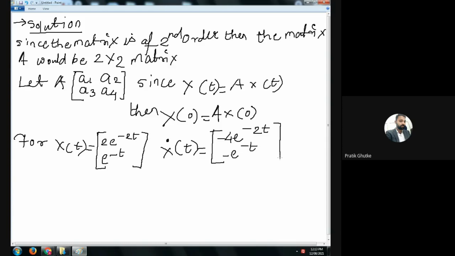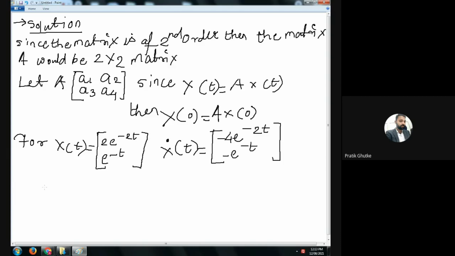Okay. This is the first derivative, x dot of t. What was given in the question? x of t was given. What did we have to find? x dot of t. So taking the first derivative, I have calculated x dot of t. Now I have to calculate x dot of 0.